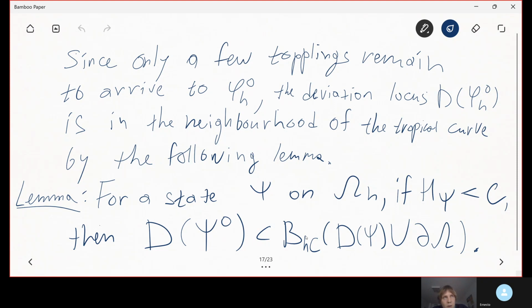point of the tropical curve is near some deviation locus, so that the deviation locus doesn't have holes. You see what I mean? That every point of the tropical curve is a limiting point, the accumulation point of the family of the states in the sandpiles.